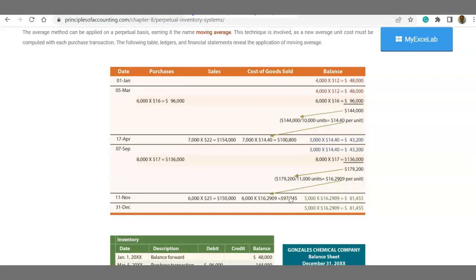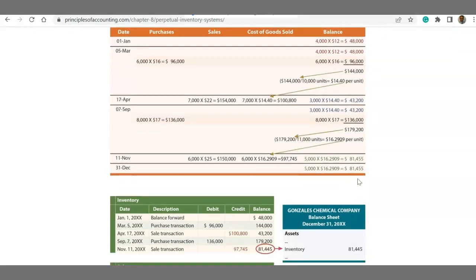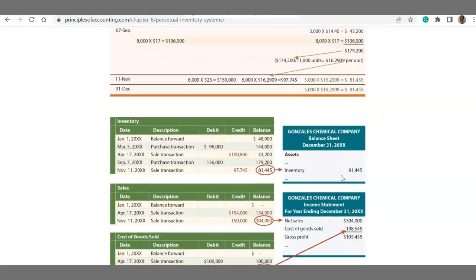$16.2909, it gives us a cost of goods sold of $97,745, and a remaining balance in inventory of 5,000 units at the average cost equal to $81,455. And that goes into the balance sheet, as you see.